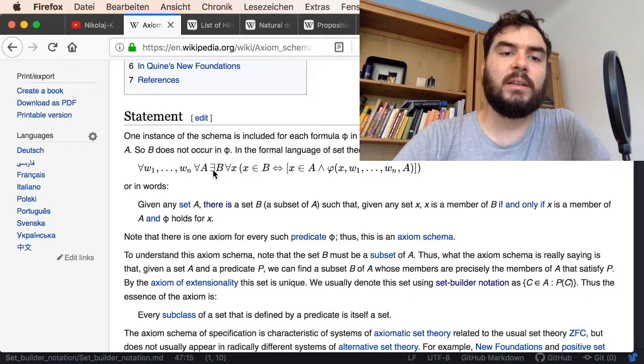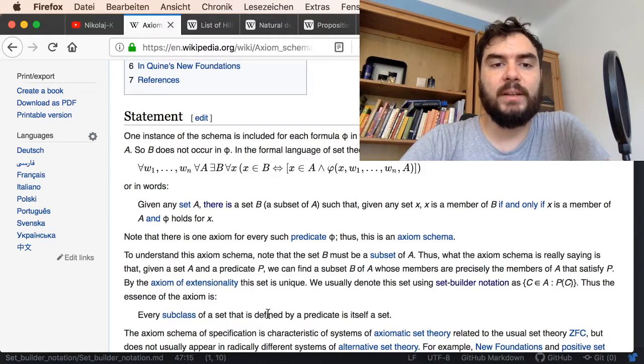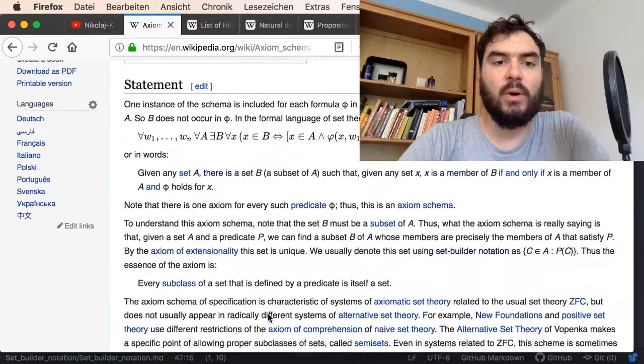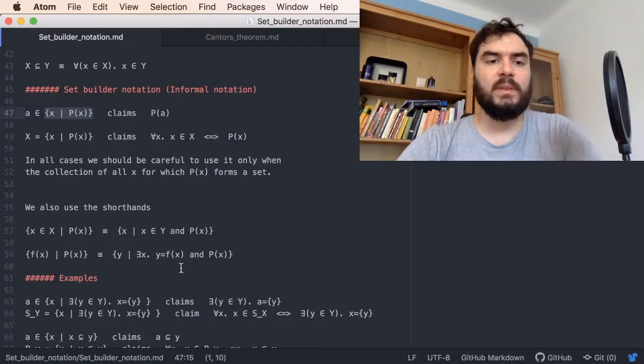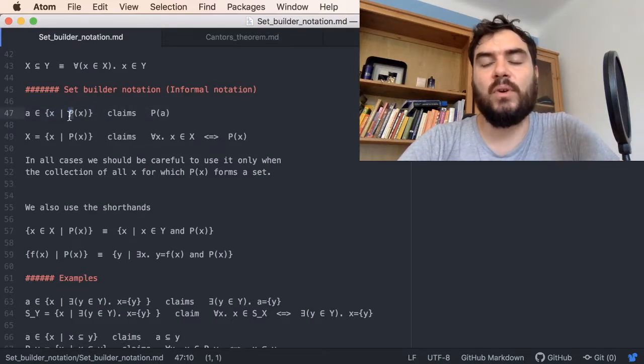I will not dwell on this axiom so much, but they give you a rule which predicate can actually be used to show existence of some sets. So just because you have a predicate doesn't mean you can form the set, right?